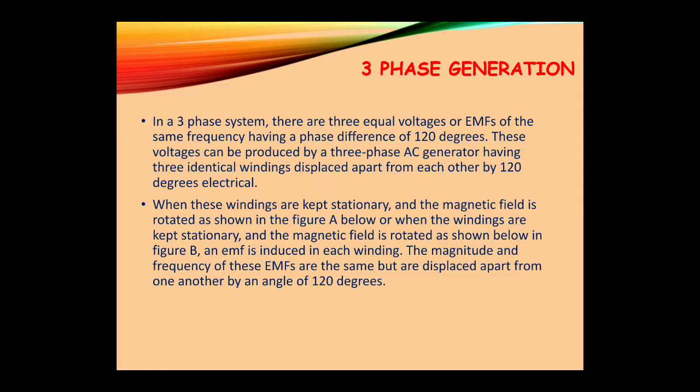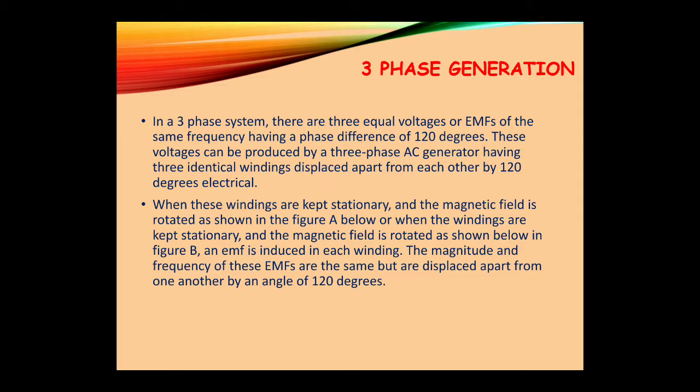The magnitude and frequency of these EMFs are the same but are displaced apart from one another by an angle of 120 degrees. So we can do both of these. This means that we can either rotate the magnetic flux or rotate the identical coils.